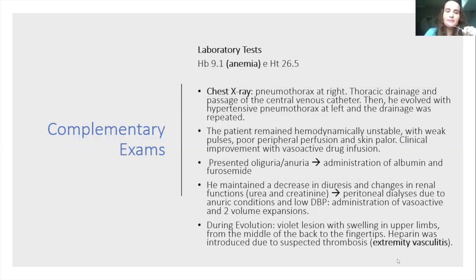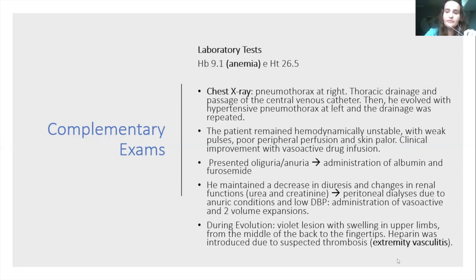After some complementary exams, the laboratory test showed he had anemia since his hemoglobin was 9.1, below 11, which in children is considered anemia. And besides that, the chest x-ray showed a pneumothorax at right that was drained and had a passage of central venous catheter.